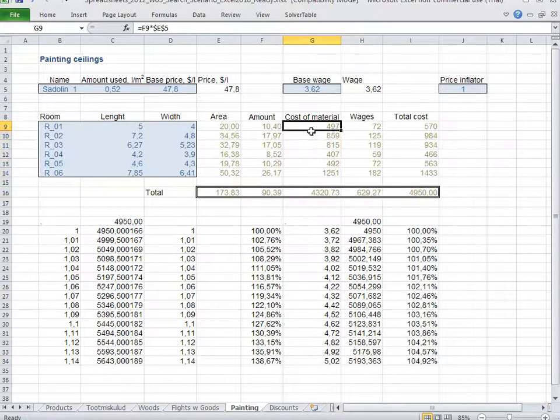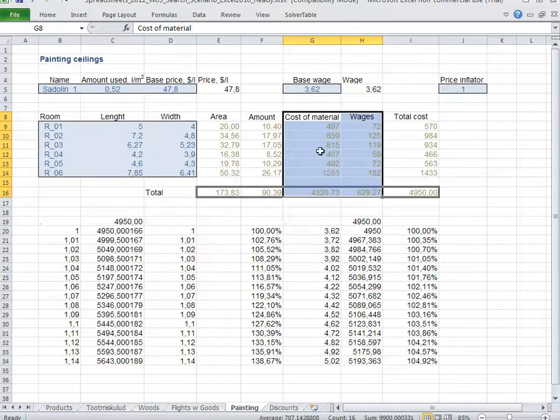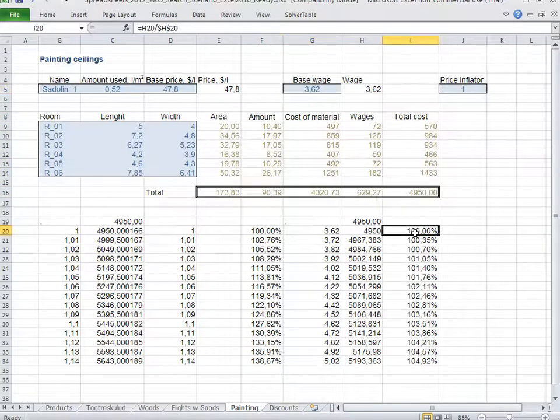But more importantly here, we see that since there are two parts to costs, when we change only one, the total cost go up by a different percentage than this one, because there is the other, the paint as well as wage. We change only one, the total cost go up by a different percentage than the percentage by which the wage went up.